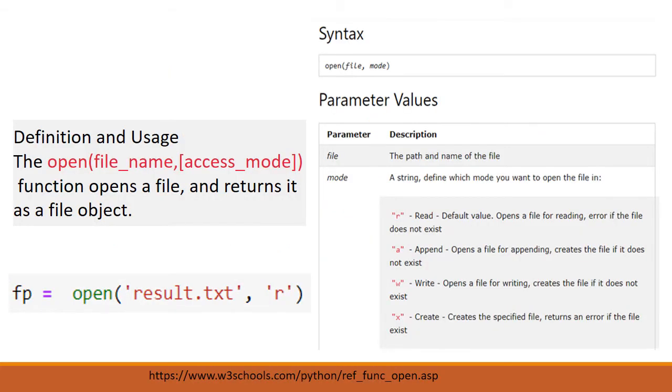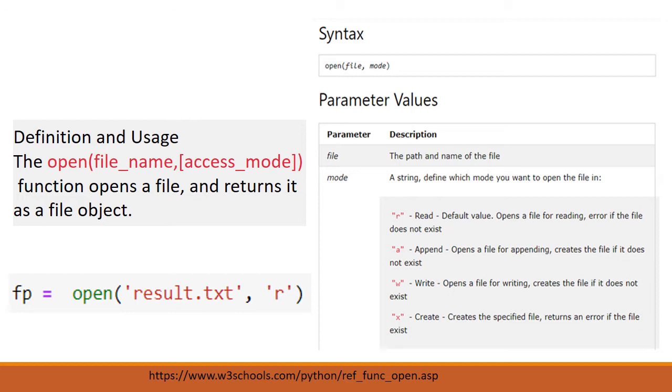Here we provide an example of calling the open function where we're opening a text file called results.txt, and because a path is not provided, we're expecting it to be in the current working directory, and we're adding the optional access mode parameter, r. This specifies that we're opening this file for reading.